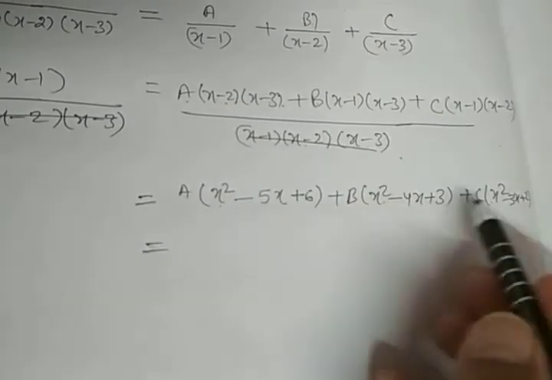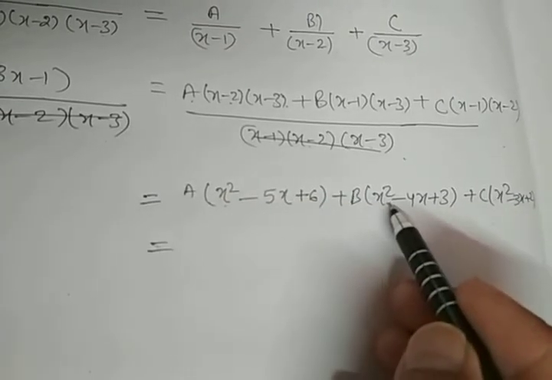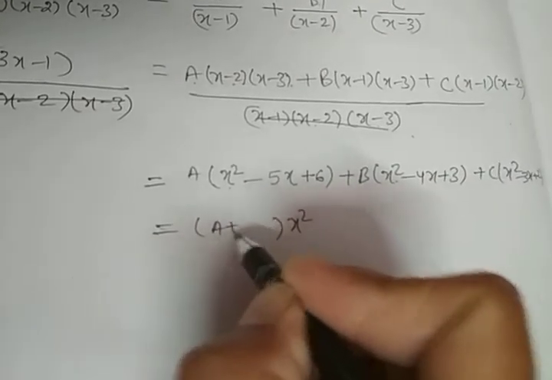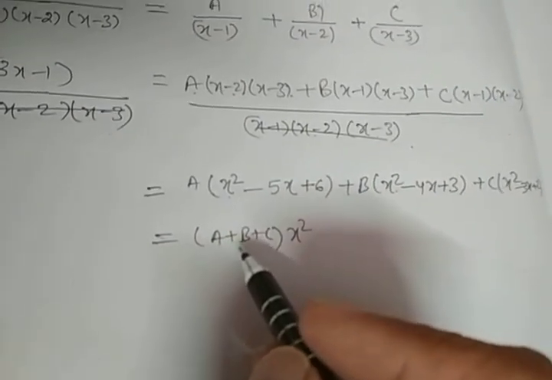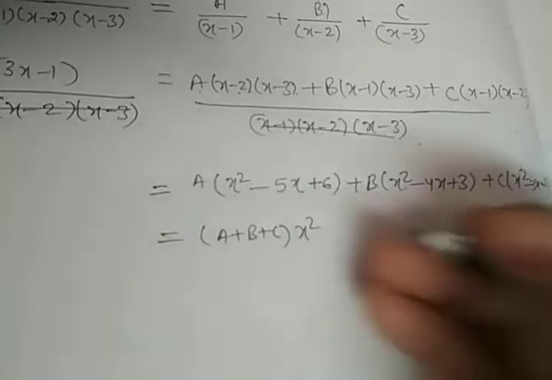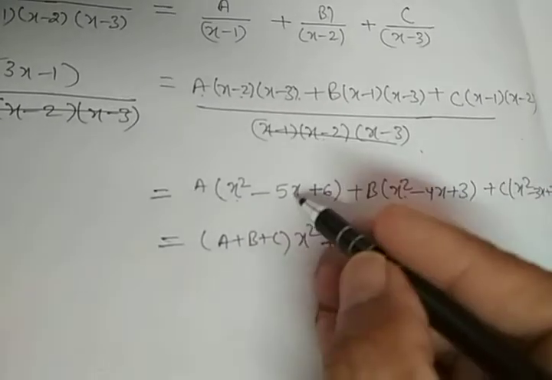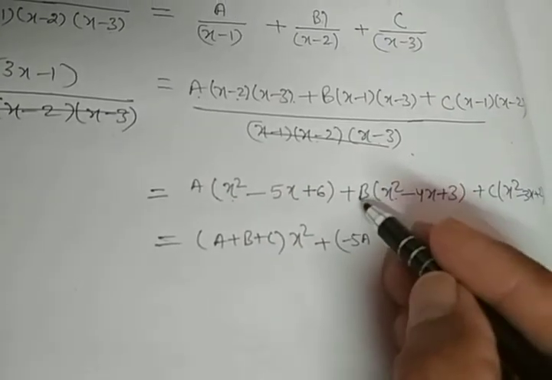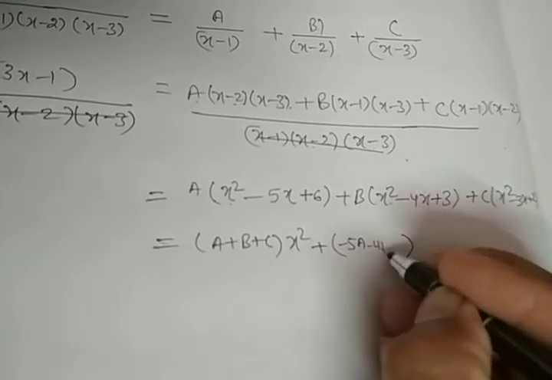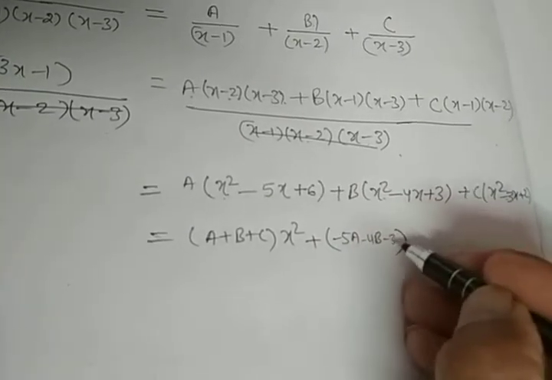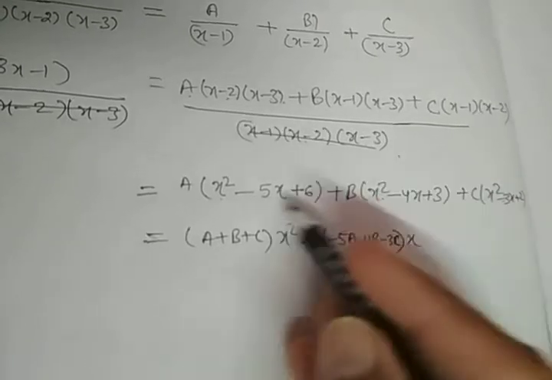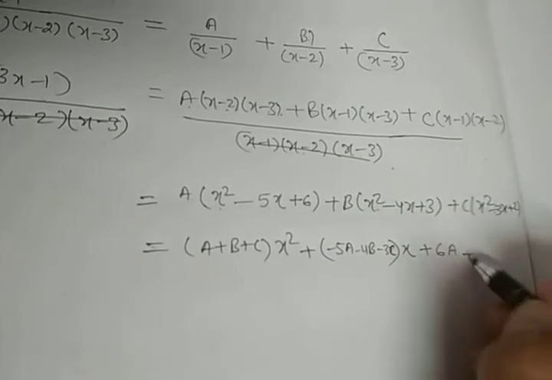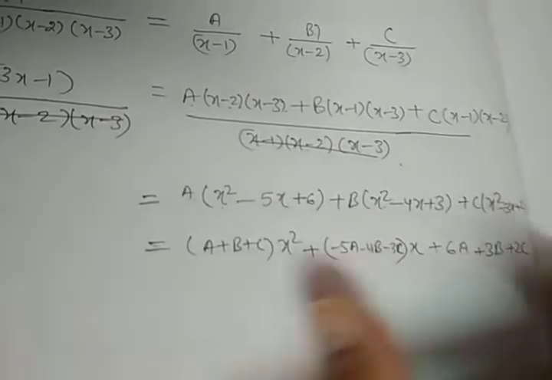Now the coefficient of x square: here it is A x square plus B x square plus C x square, so x square is taken common, that will be A plus B plus C. Plus, how many x are there: minus 5A x, plus B into minus 4x, minus 4B x, plus C into minus 3x, that is minus 3C x. The constant part is 6A plus 3B plus 2C.